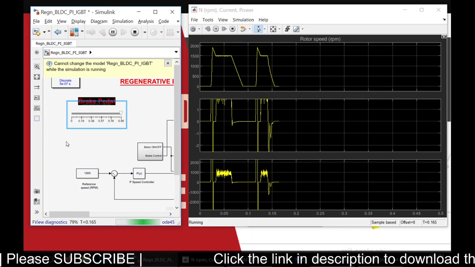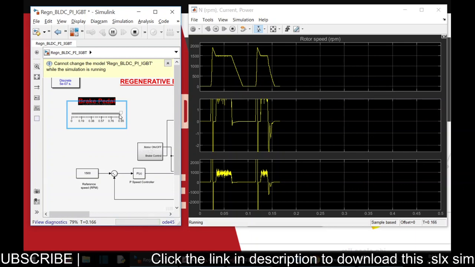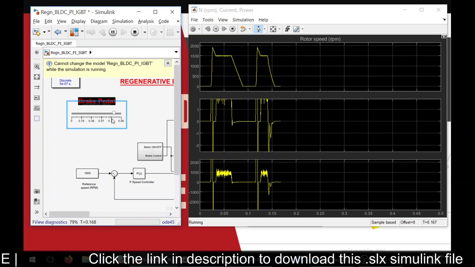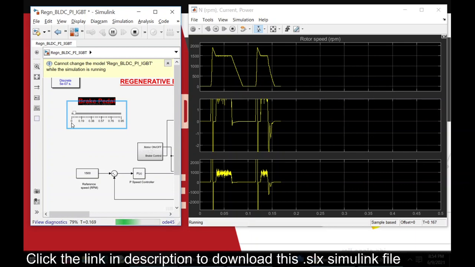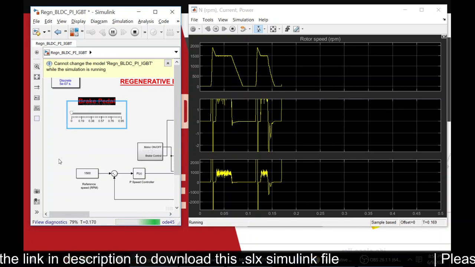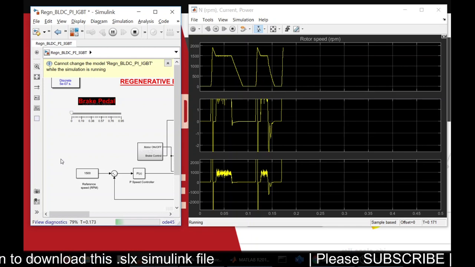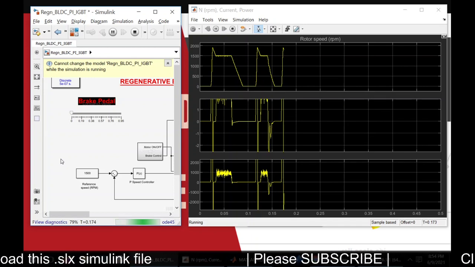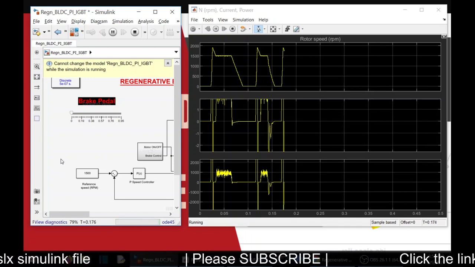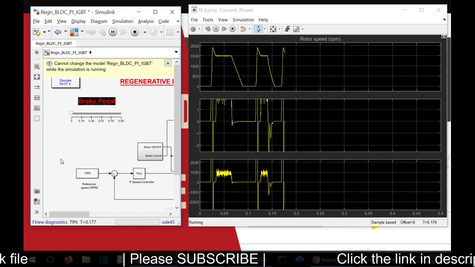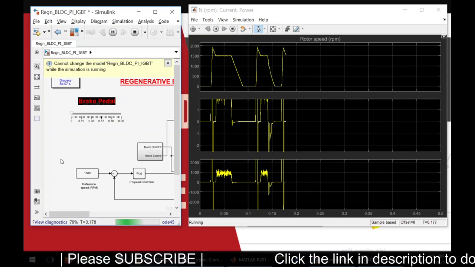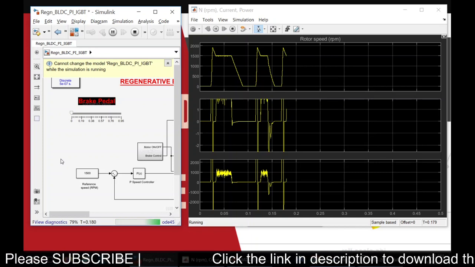See here, the advantage is I'm using the motor itself as the inductor during regenerative braking. So the motor's inductance along with the inverter acts as a boost converter during the process of regenerative braking.